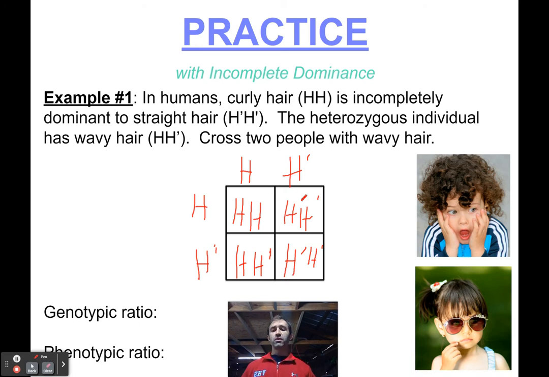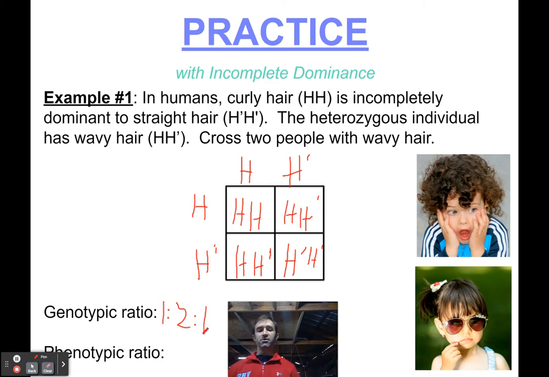Pretty cool. So when it asks us what's the genotypic ratio, well, one has curly hair. Let's put a little colon. Two of them have wavy hair. So one has curly, two has wavy, and one has straight hair.